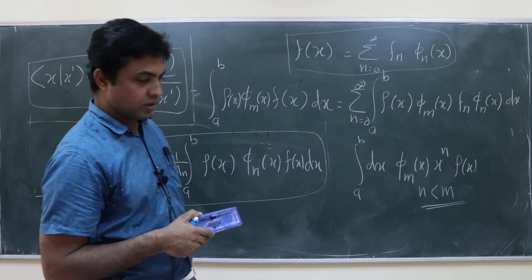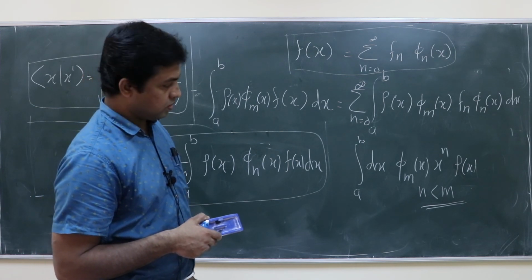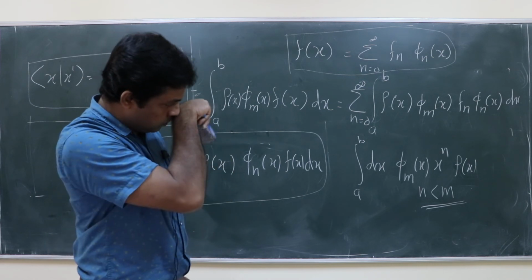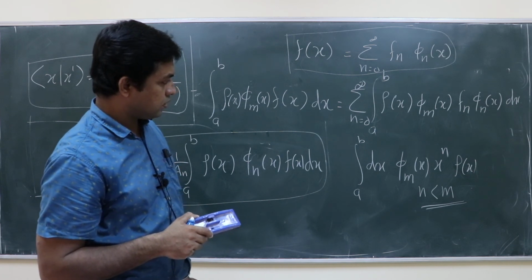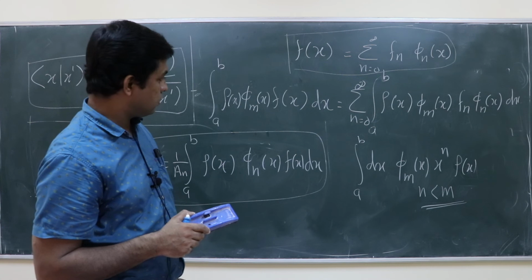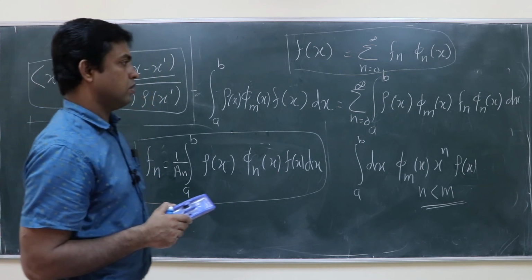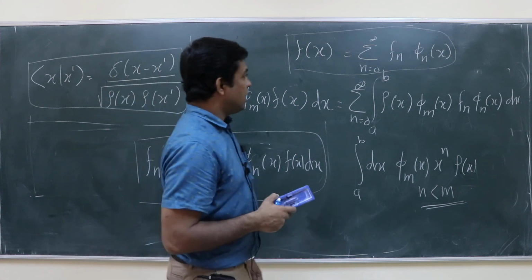Sir, I think it's 0 because if you look at the integral right above the equation you wrote, since you said n should be less than m, it cannot be equal, and the Kronecker delta will then become 0. Yes, almost.